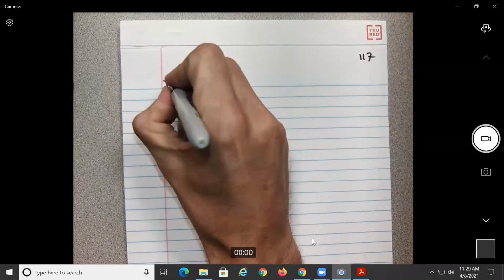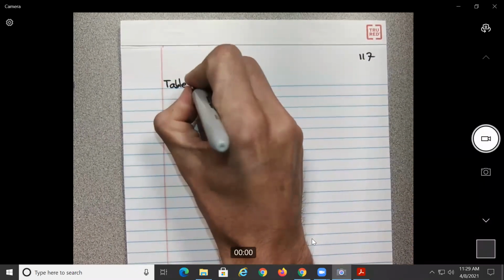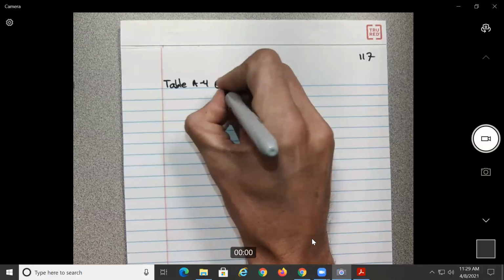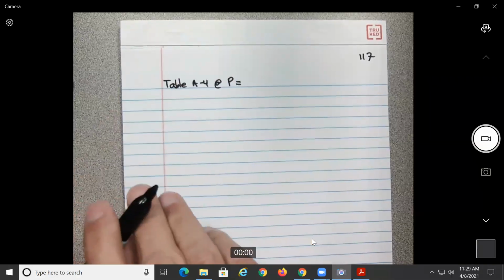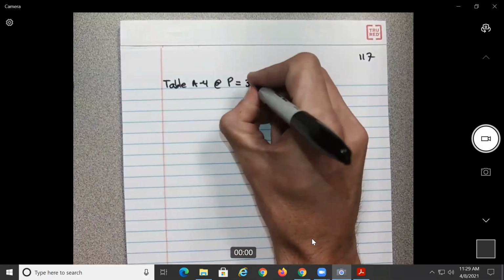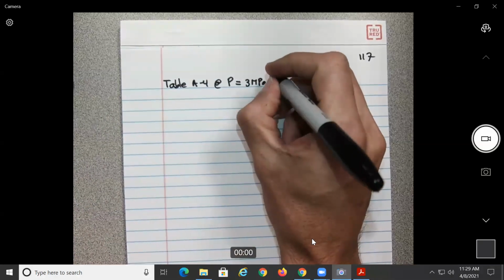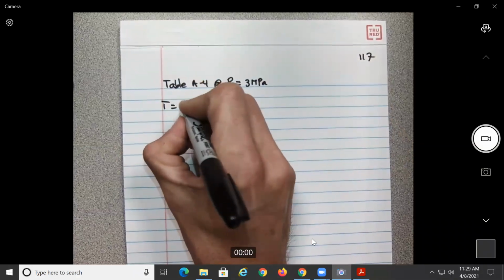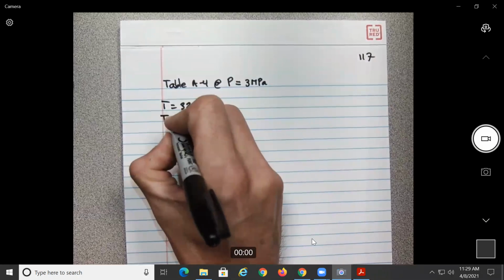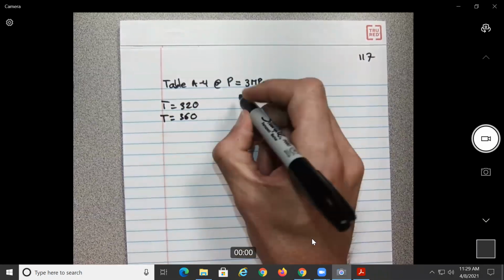So table A4 at P equal 3 megapascals. Okay, so we have a temperature 320 and a temperature 360.